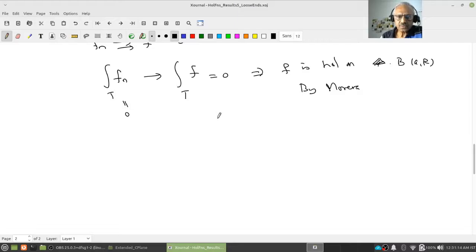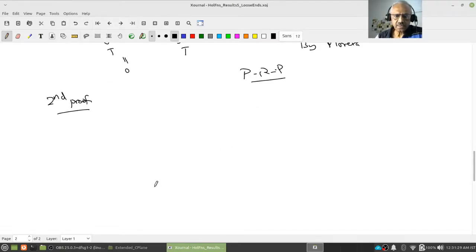So this is the first proof. There is a second proof which will be more instructive, and that I need. So let us look at B(A,R). Now I will give a second proof. What does the second proof say? The second proof uses the Cauchy integral formula, CIF.